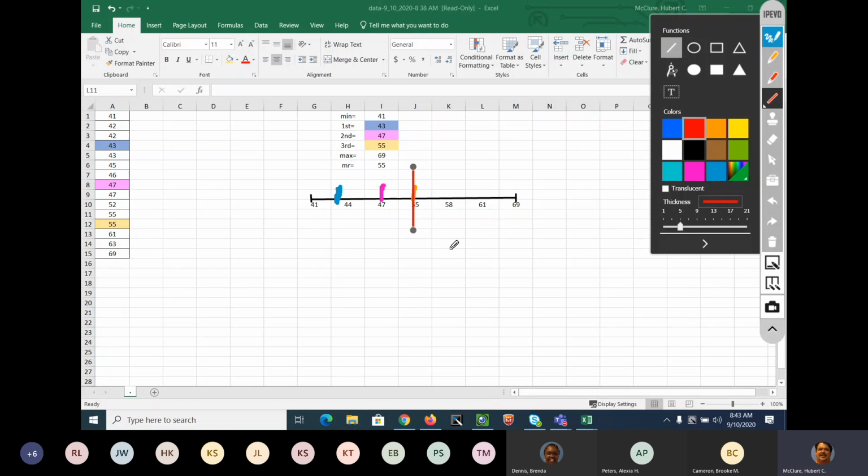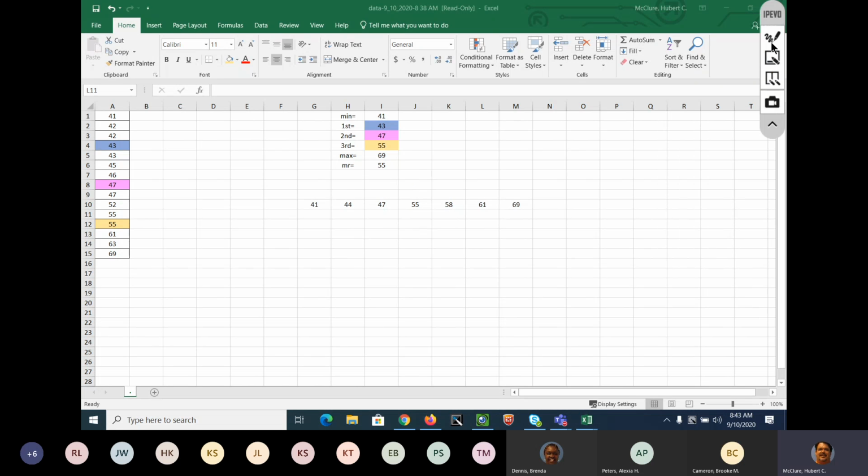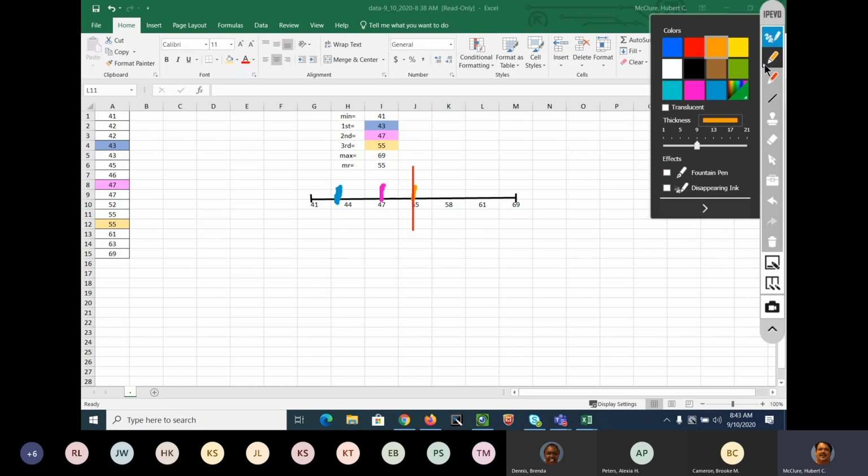So it looks like to me, I'll just draw a real thin line. See that hump follows the second quartile. So since that is right here, then it's a little bit skewed right.